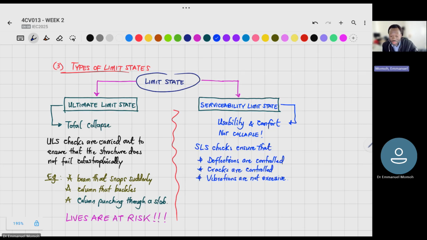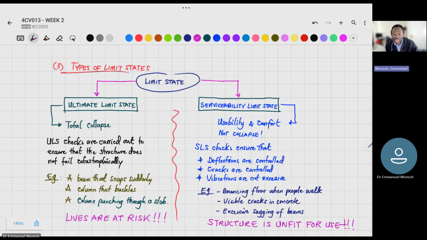An example of a serviceability limit state, SLS, is when floors bounce when people walk, or cracking becomes visible in concrete, or there is excessive sagging of beams. If SLS is violated, the structure is safe but becomes unfit for use. So while ULS, the ultimate limit state, has to do with the total collapse of the structure, the SLS, the serviceability limit state, has to do with excessive structural behavior, which makes the structure unfit for use.